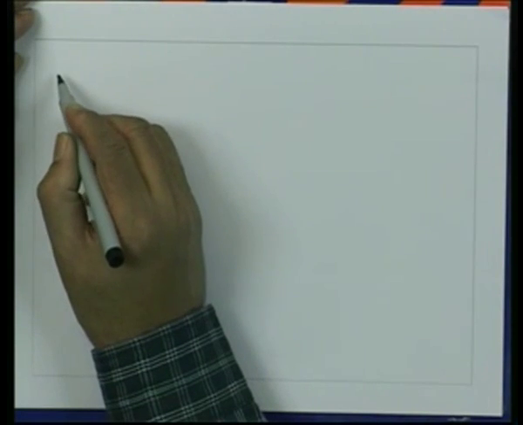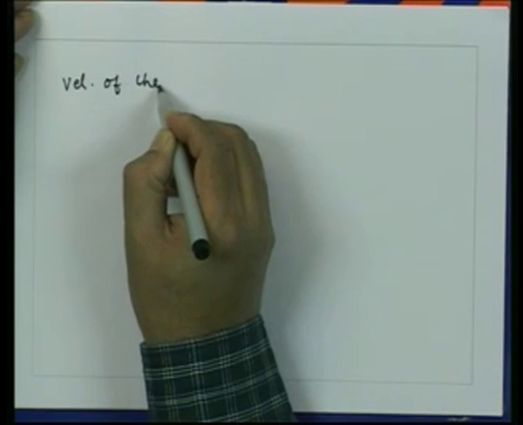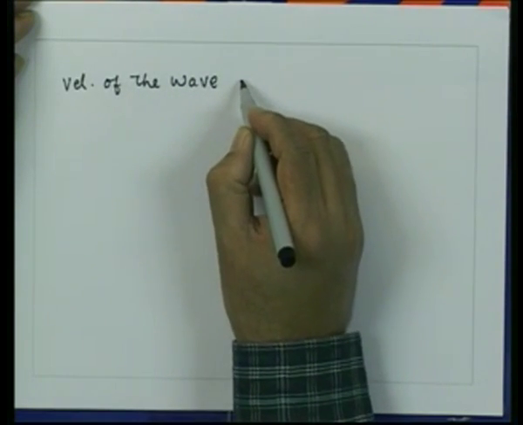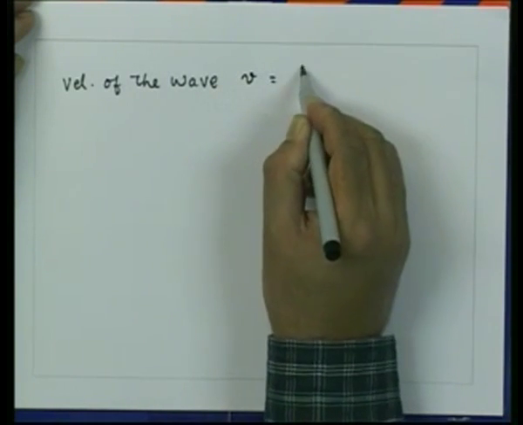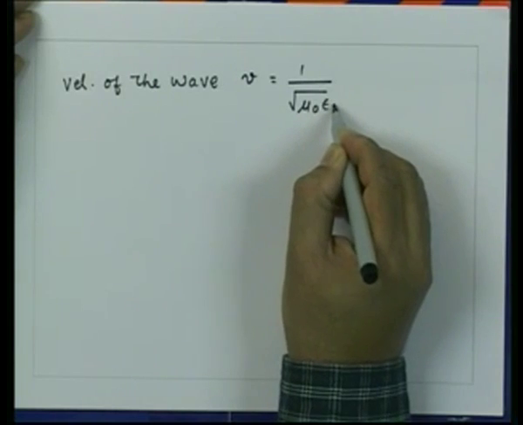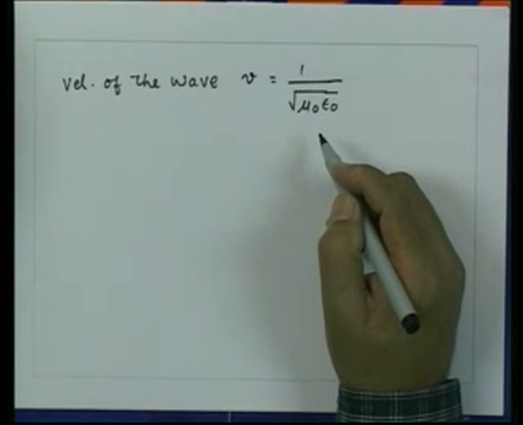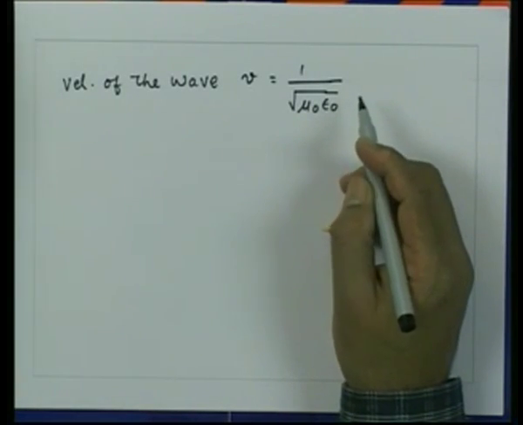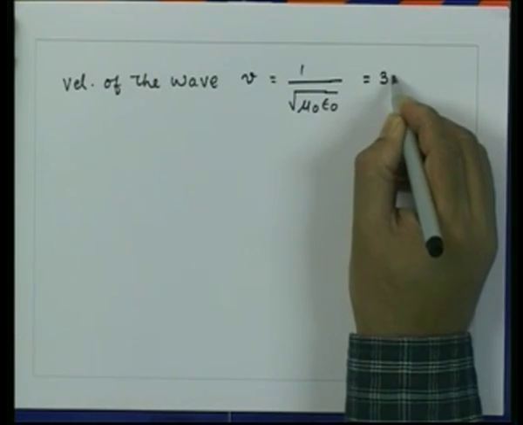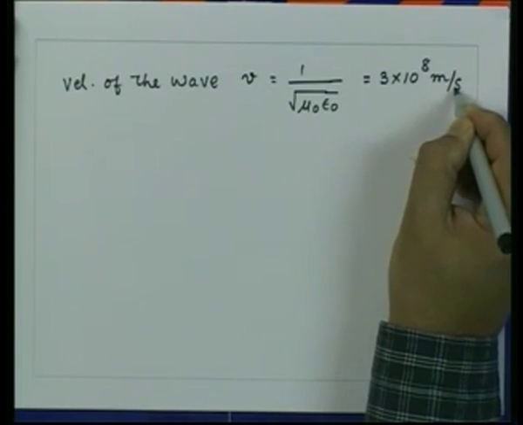So, we get the velocity of the wave v equal to 1 upon square root mu 0 epsilon 0, where mu 0 and epsilon 0 are permeability and permittivity of the medium respectively, and that is equal to 3 into 10 to the power 8 meters per second.